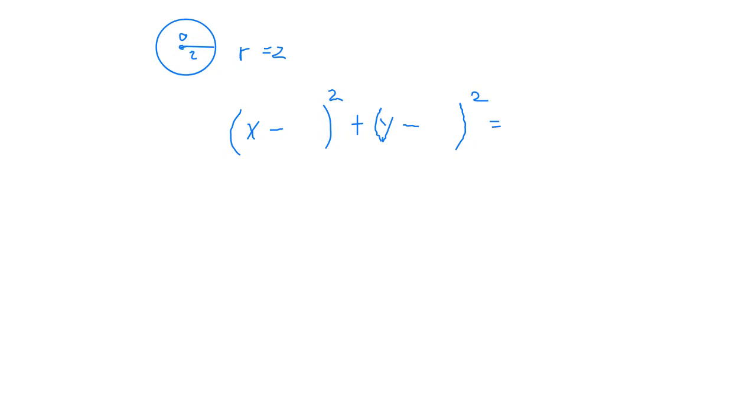So what's going to go here? What numbers? What's going to go to the right? Oh, well, it's centered at the origin. So what goes here? To the right, you're going to have 4.